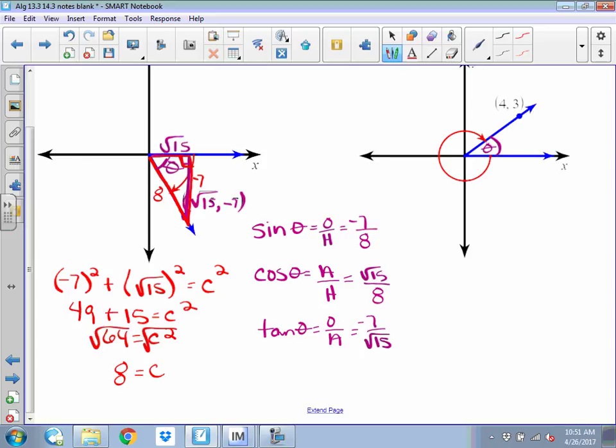But if I do that on the bottom, I also have to do it at the top. So that equals negative 7 square roots of 15 over 15. So these are my three answers: sine, cosine, and tangent.